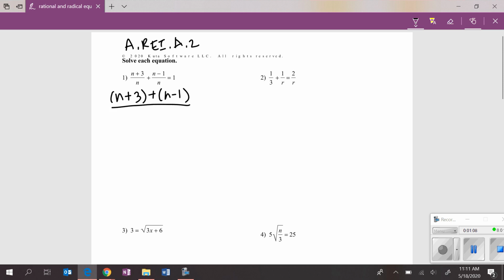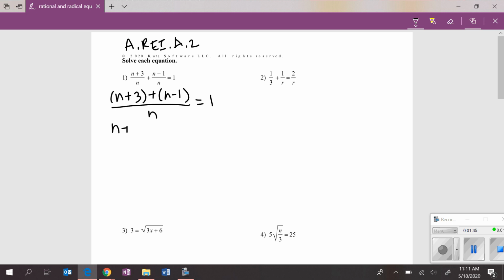And the reason why I'm putting them in parentheses is so that you notice where I pulled these pieces from. They used to be two separate fractions, but because they had common denominators, I can put them into one fraction. Now, by order of operations, I would do parentheses first, but nothing can be combined within these parentheses, so I can take away my parentheses and combine my like terms across the top.